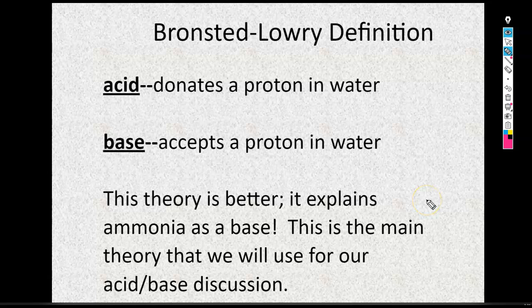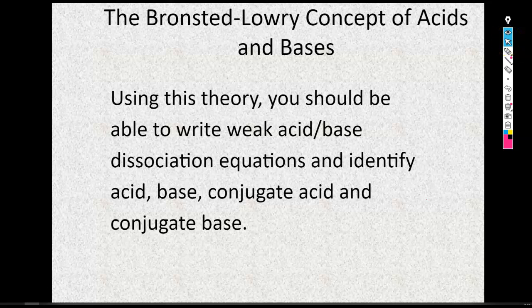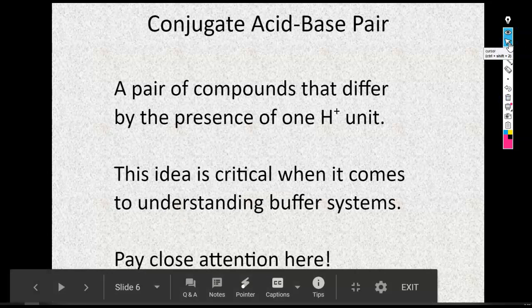All right, so using this theory, you should be able to write weak acid-base dissociation equations. That means that you need to be able to break apart the ions and identify the acid, the base, something called a conjugate acid, and something called a conjugate base. So let's get into what does that actually mean.